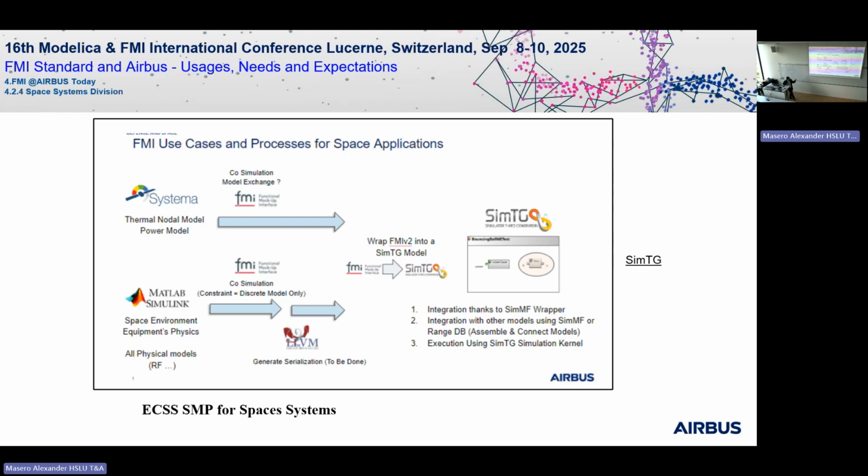This encapsulation will ensure that the FMI will be compliant to the requested standard. And they have extended in a very good way the list of the models that they can integrate into their simulation platform.